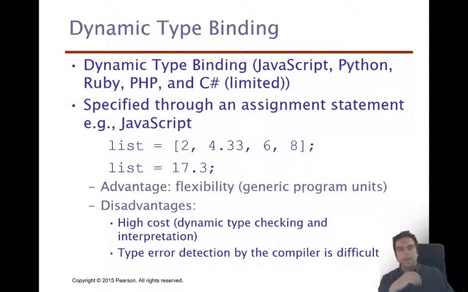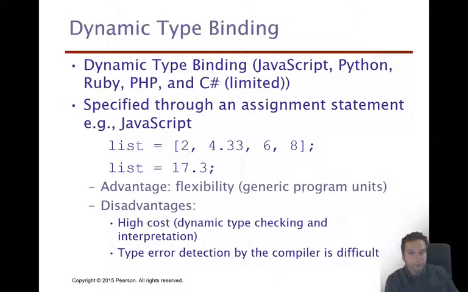So languages like JavaScript, Python, PHP, and if you use the correct keyword in C#, I can't remember what the keyword is for C#, but okay, here we go. My book, dynamic.